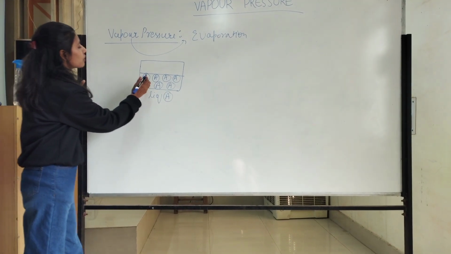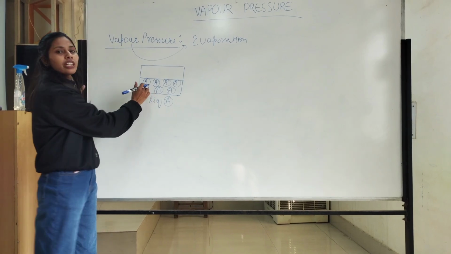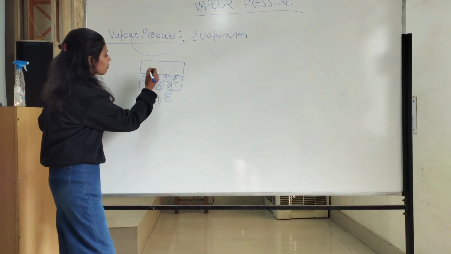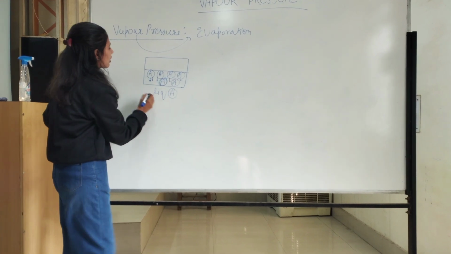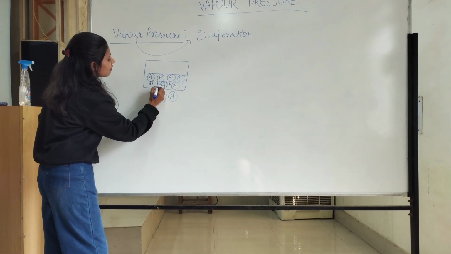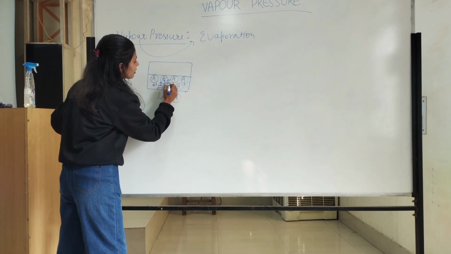The surface molecules have less force of attraction because these molecules are feeling force of attraction only from one side, while the bulk molecules experience force of attraction from all the sides.